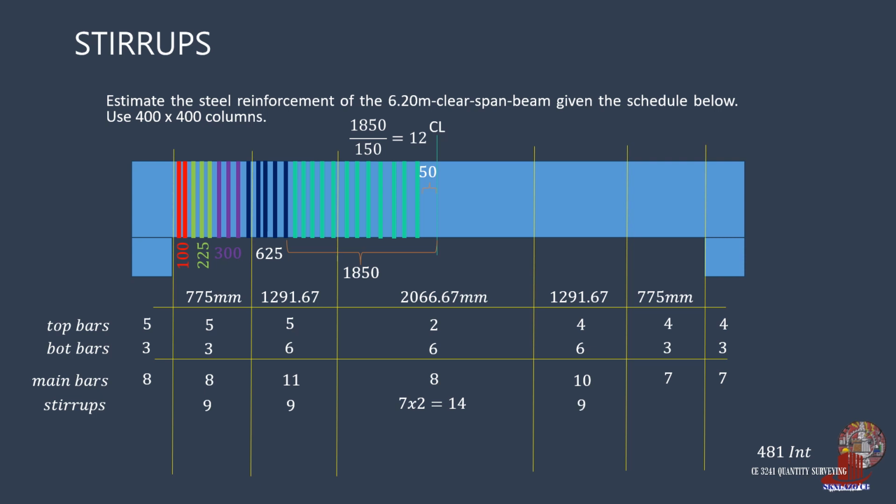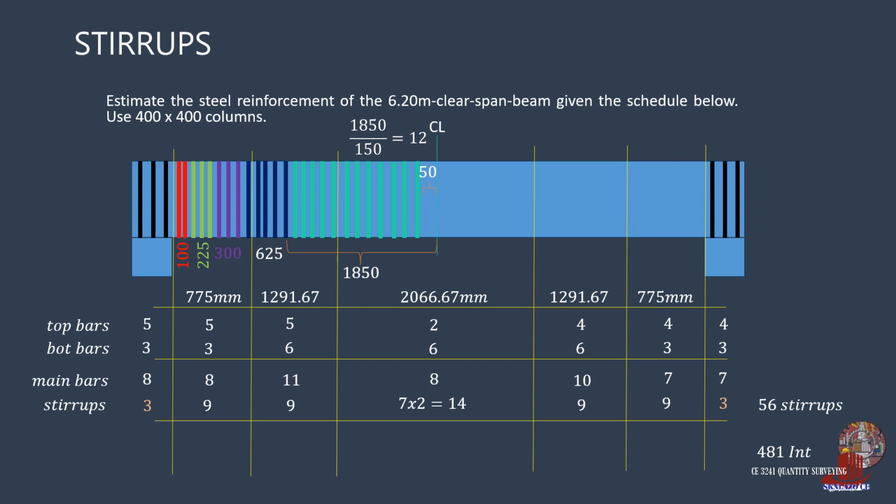Then the last two spans carry 9 bars each. To complete the estimation, remember that the beam column intersection needs 3 stirrups. So there are 3 on the left beam column connection and also on the right connection. Now add all the number of stirrups to find out that there are 56 in all.